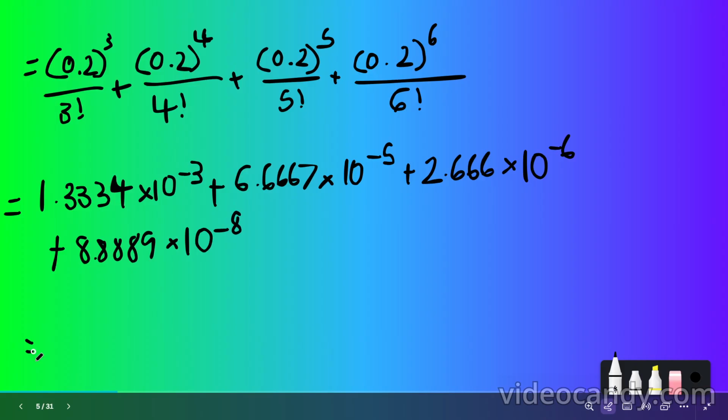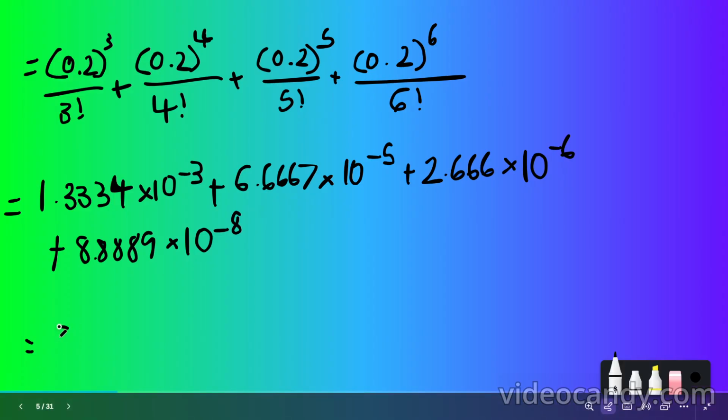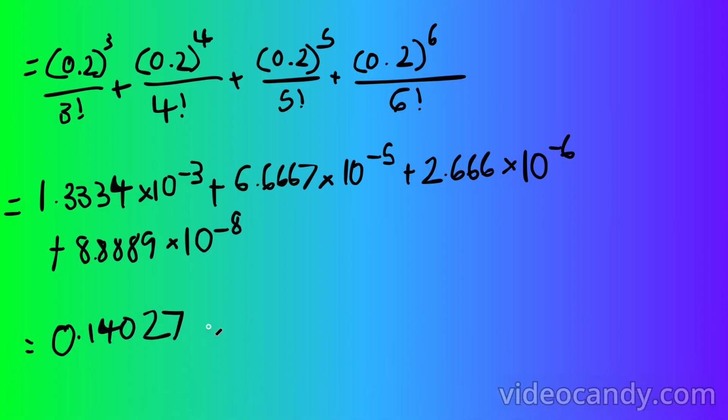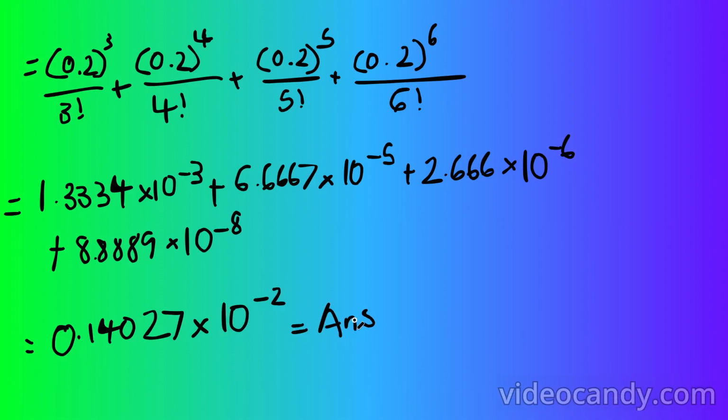So the exponents are -3, -5, -6 and -8, and the answer is 0.14027 times 10^-2. That is the final answer.